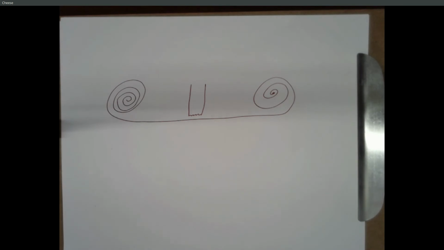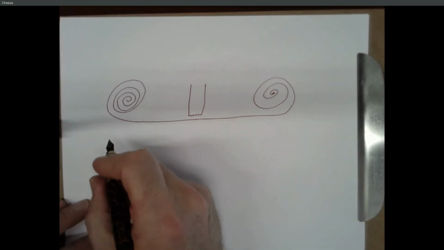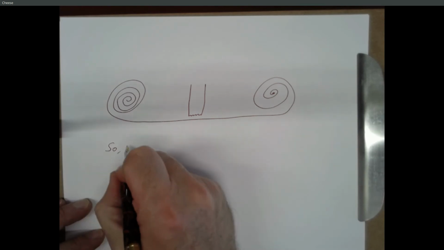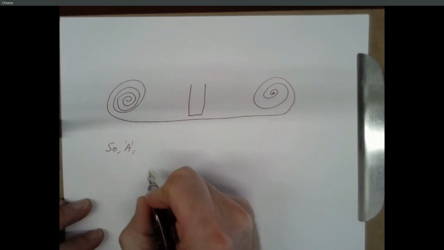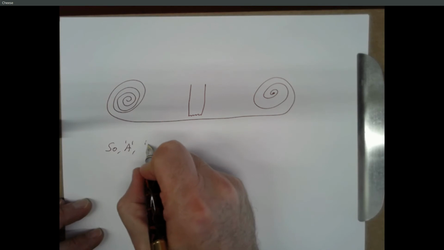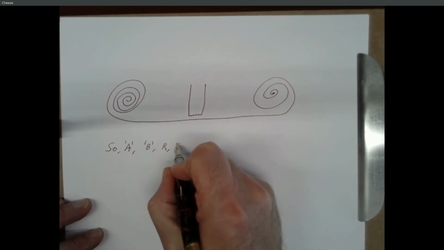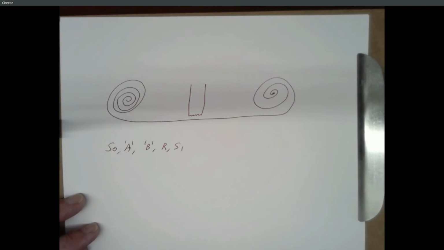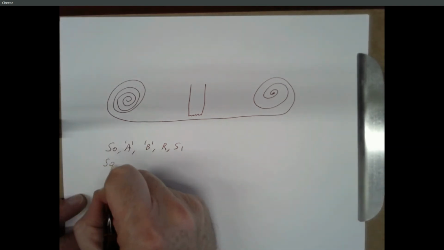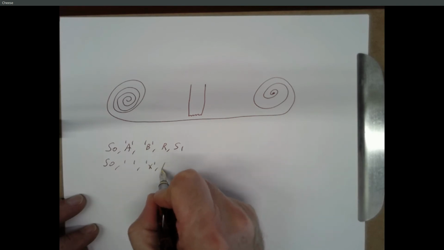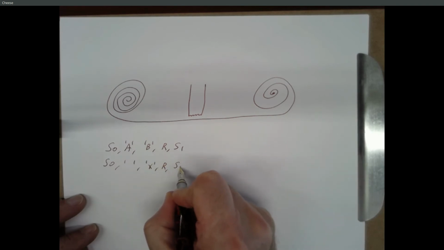So your state table basically looks like this. Let's say if you're in state 0 and you have the letter A, then I want to write the letter B, and I want to move the tape to the right, and I want to go to state S1. And if you're in state 0 and there's a blank, then I want to write an X, and I want to move to the right, and I want to stay in state S0.